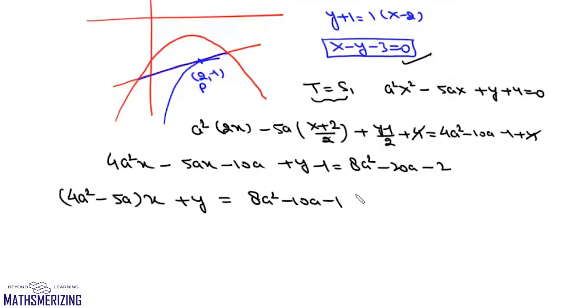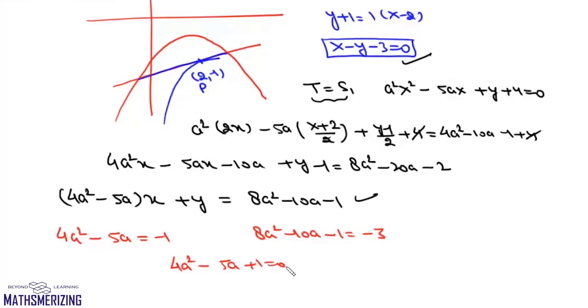Now both these equations represent the same line. So if we compare both of them, we get 4a square minus 5a must be equal to minus 1, and 8a square minus 10a minus 1 must be equal to minus 3. Now both these equations represent the same quadratic equation, which is 4a square minus 5a plus 1 equals 0.